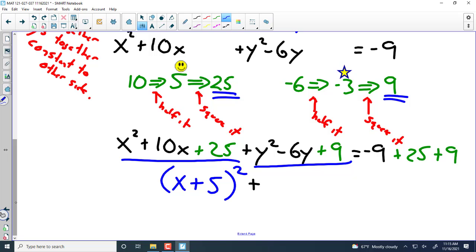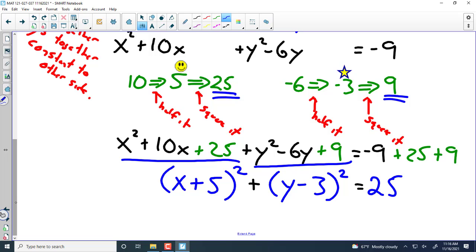How should that whole thing factor? Y minus 3 squared. What's negative 9 plus 25 plus 9? 25.